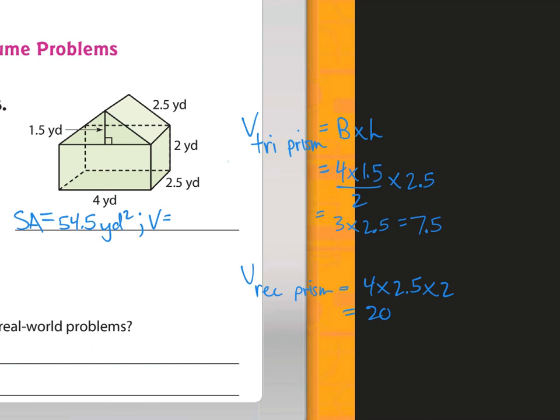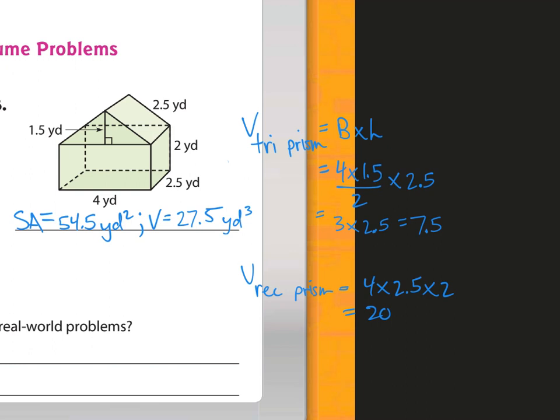Now I have to add the 2 parts: the 7.5 for the triangular prism and the 20 for the rectangular prism. And 20 plus 7.5 is 27.5. So the volume is 27.5 cubic yards.